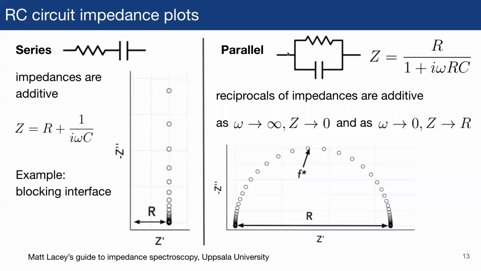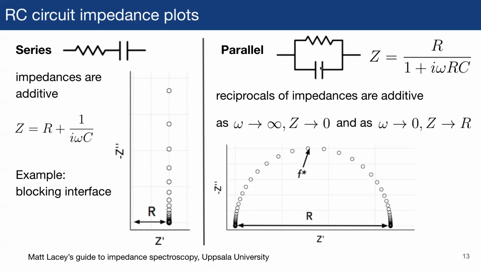And so effectively, all of my current is just going through my capacitor. The capacitor, again, provides effectively no resistance compared to the constant R of the resistor. And so it just drives straight through there preferentially. And that's what we see at high frequencies. We basically have zero impedance because we're just going straight through this capacitor.